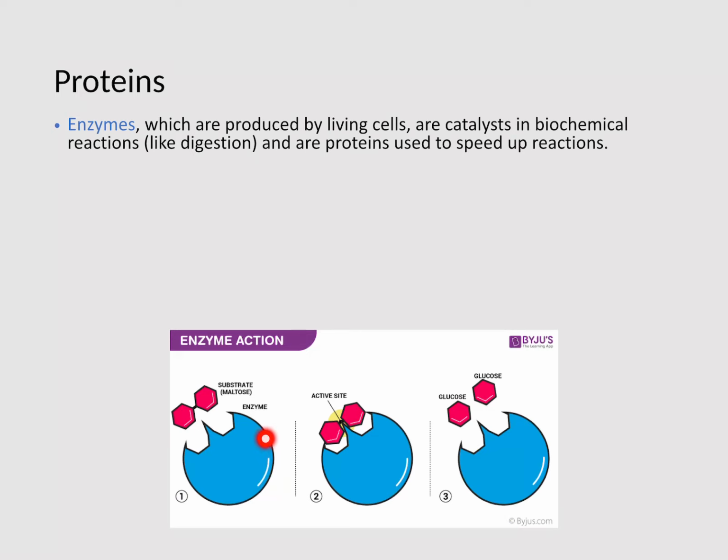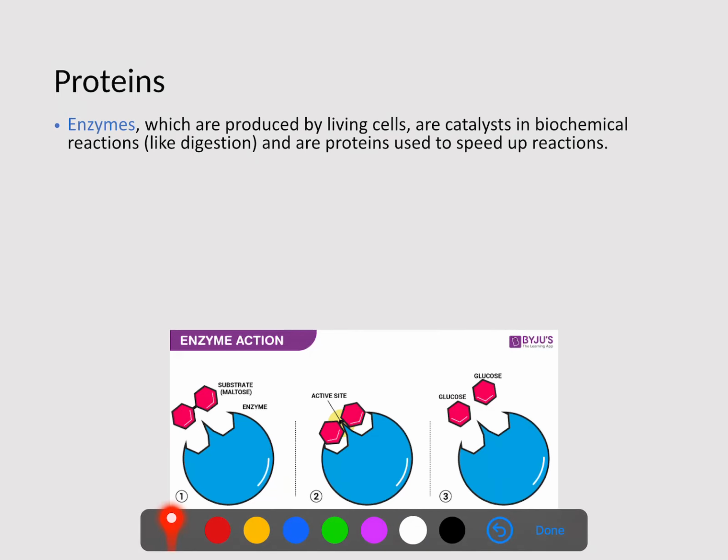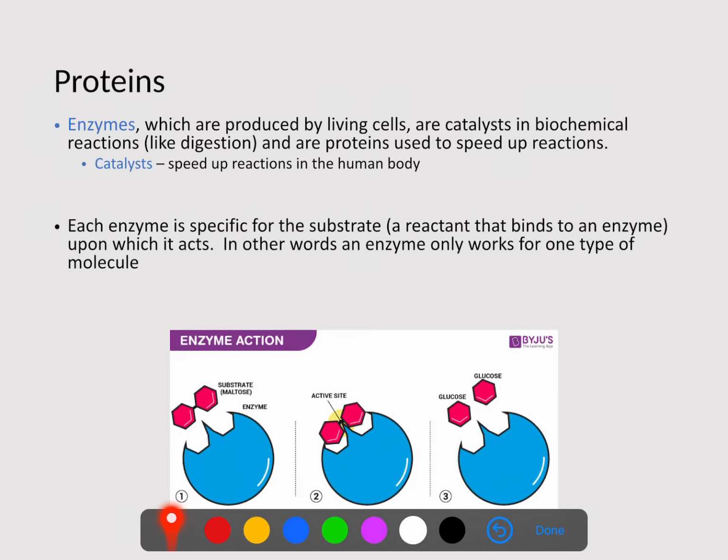What enzymes do is create a perfect place for the chemical reaction to take place. So again, it binds, the chemical reaction takes place, the substrate is then released, and the enzyme can then be used over again.